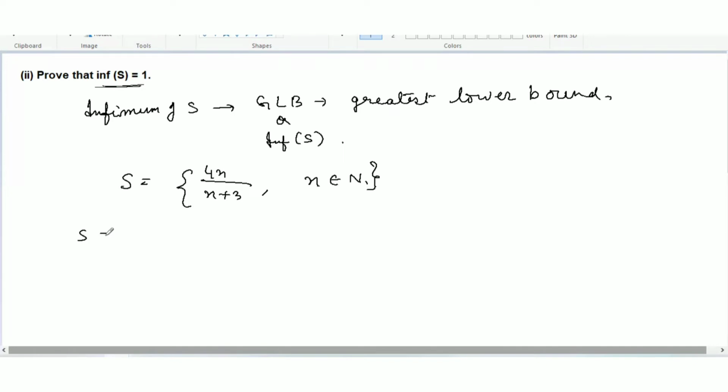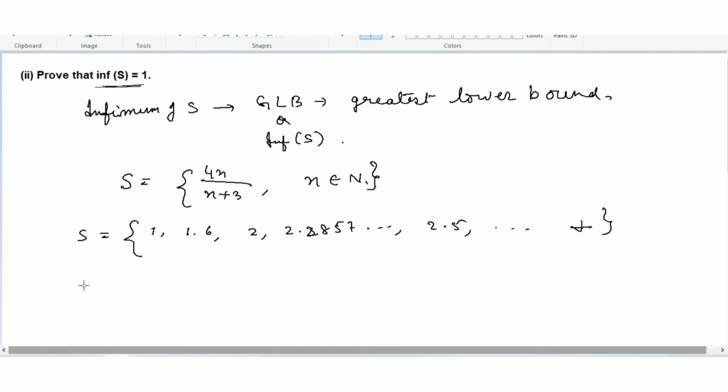Let's open this function first. What elements did we find from the previous question? 1, 1.6, 2, 2.2857 and so on, 2.5. This way it will go to infinity. We don't know where it will go.